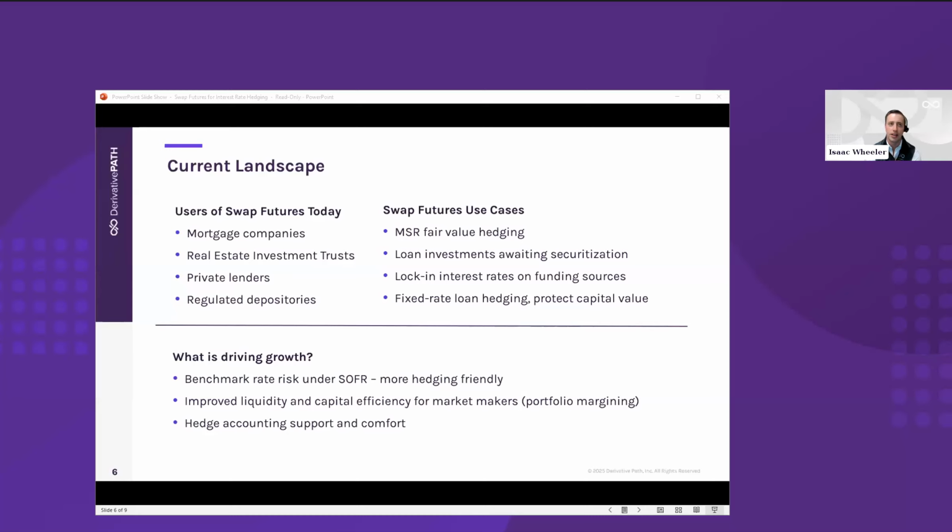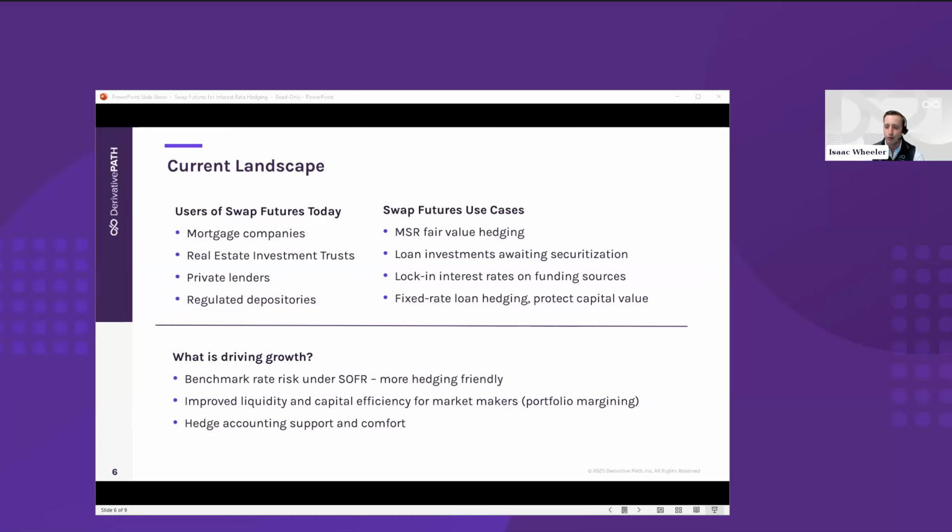I wouldn't say that it was not compatible with hedge accounting, but we've definitely done a deep dive over the last year with your help in figuring out, all right, look, if someone uses a swap future to hedge ALM risk, what does that look like from a hedge documentation standpoint? What unique features of swap futures need to be managed through hedge accounting? How do we account for them? And I think what we've come away with and recognized is that hedge accounting is fairly simple.